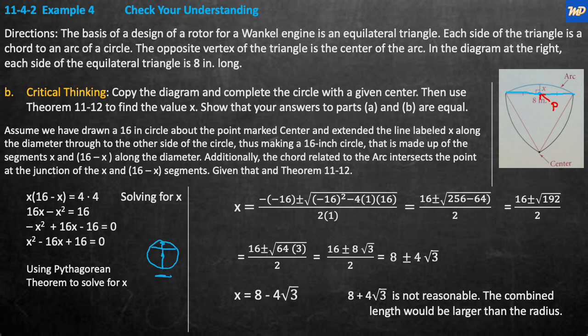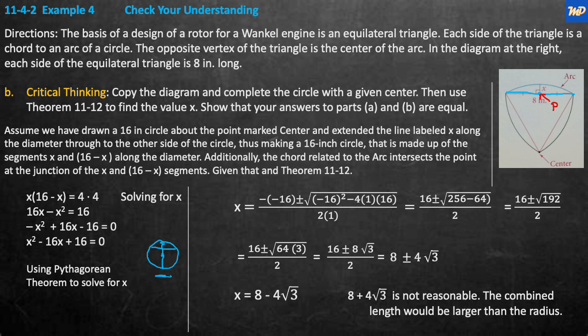So now when we simplify it even a little further, going inside the radical, we're going to have 16 plus or minus the square root of 192, divided by 2. That's what we have here. So we step to the next step. x equals 16 plus or minus the square root of 64 times 3. 192 is 64 times 3.